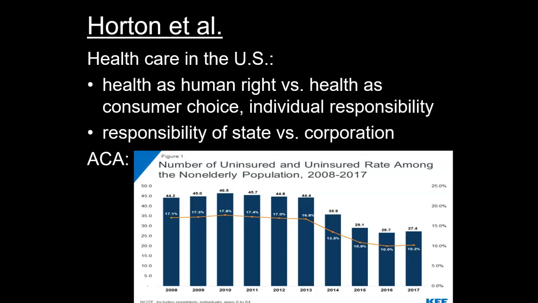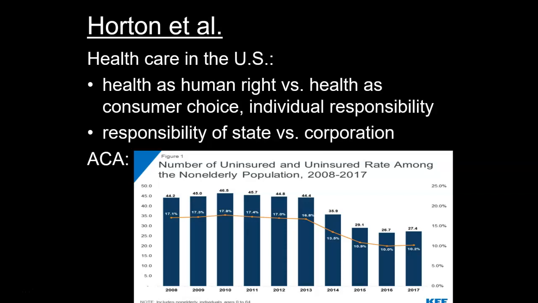So one of those assumptions is the nature of how we think about health and responsibilities for health. There's a contrast between the notion of health as a human right versus health as basically an individual responsibility, something that the individual pursues through their consumer choices, right?